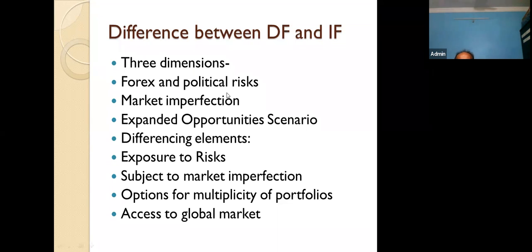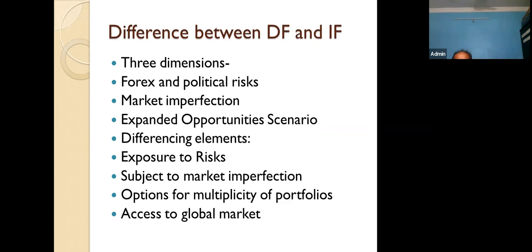So this is the example of dumping. Then market imperfection. This is one of the major causes of the difference between domestic finance and international finance. Expanded opportunity scenario. Now, as far as India is concerned, we have a good opportunity in information technology, because if you observe, most of the foreign IT companies have opened their branches in India, like in Bangalore, Hyderabad, Pune, these metro cities.